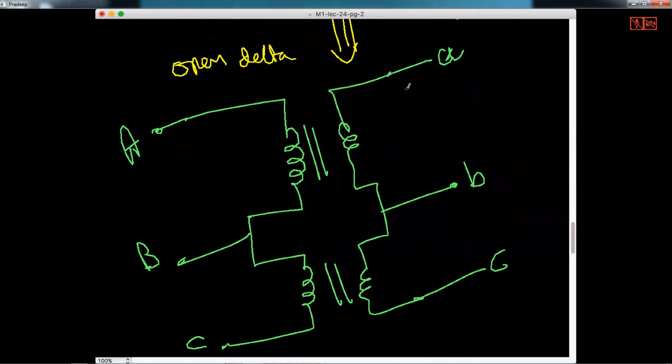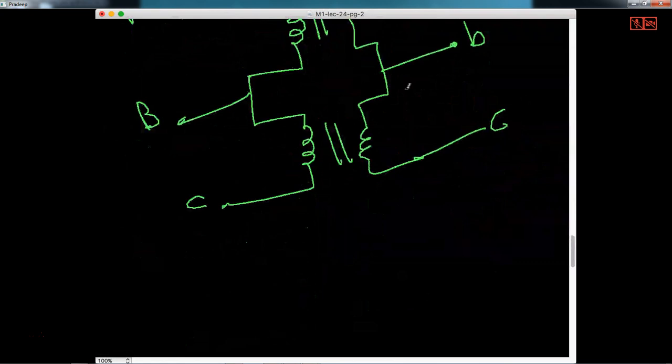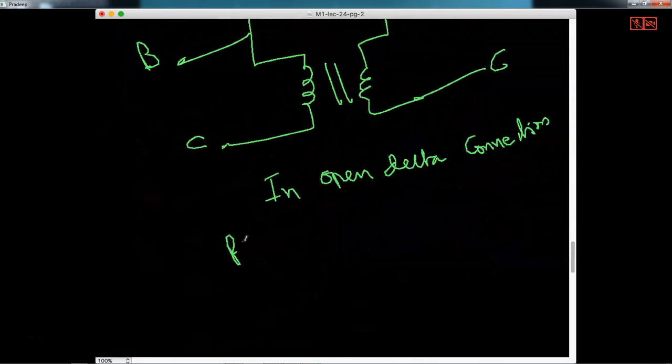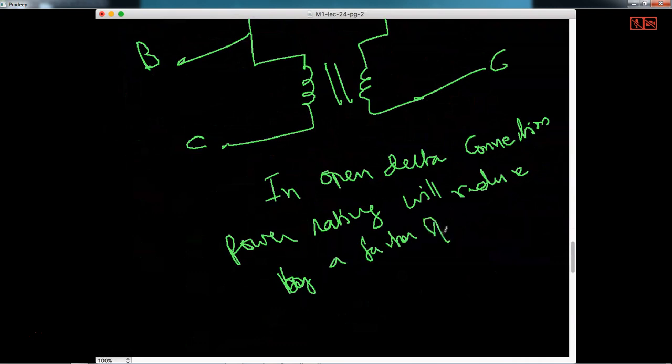The only thing is, in open delta connection, the power rating will be reduced by a factor of 1 by square root of 3, or 57%. So this way it will be reduced.